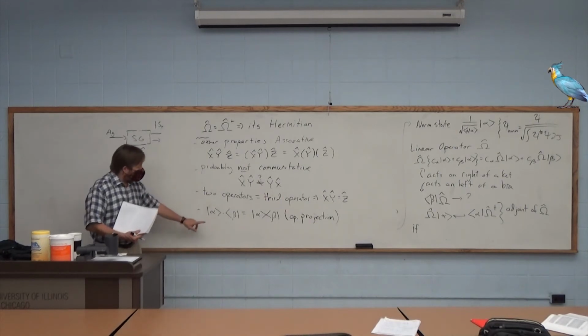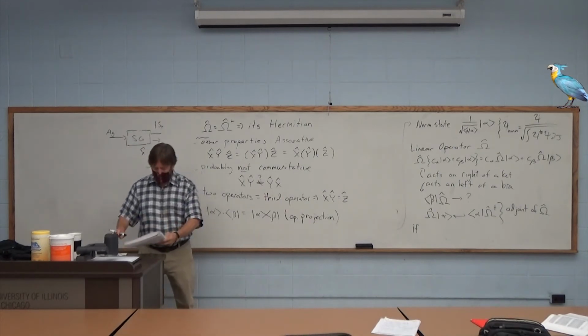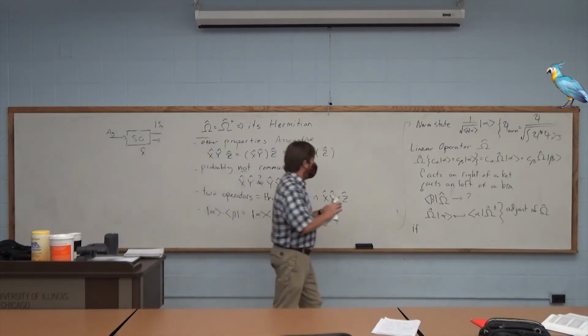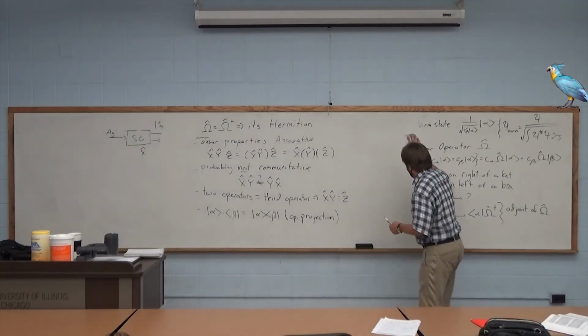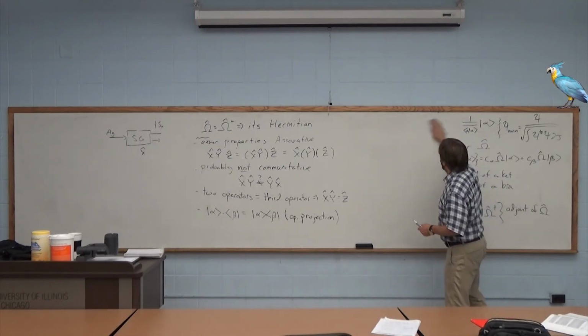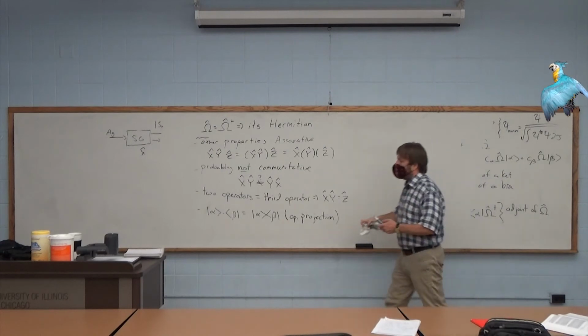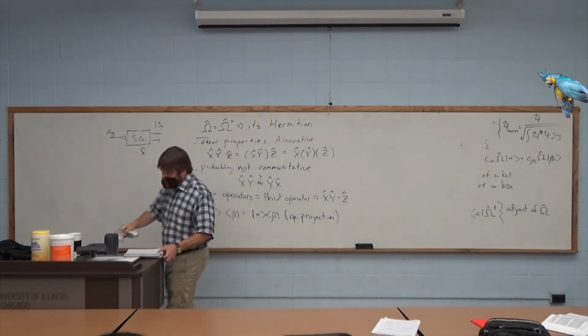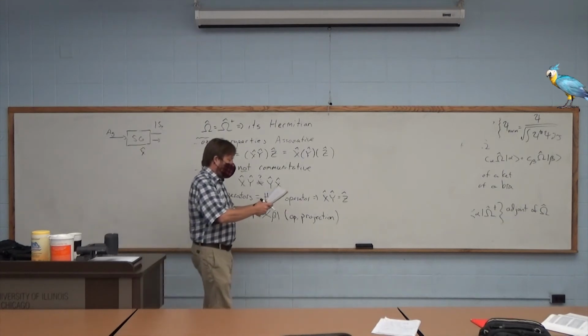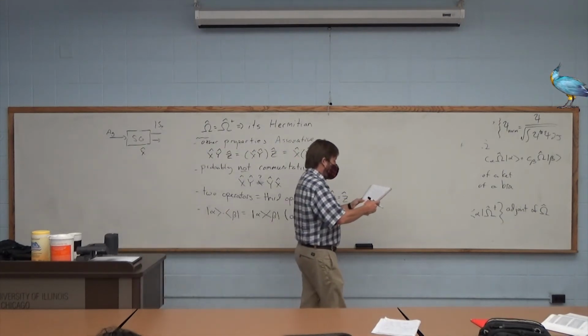So now you're getting a little bit of a better idea of what bras do. Bra ket is an inner product. It's a number. Ket bra is an operator. And that particular operator is called a projection operator. You haven't seen one of those yet.